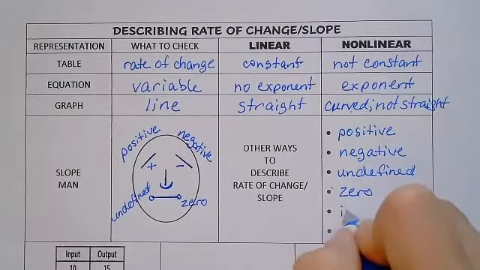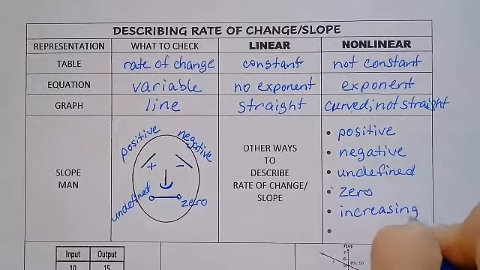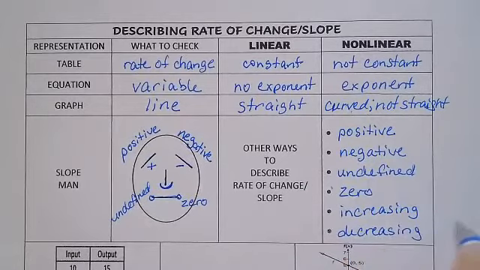We can say slope is increasing, or we can say it is decreasing. So those are some of the ways that you can also describe slope or rate of change.